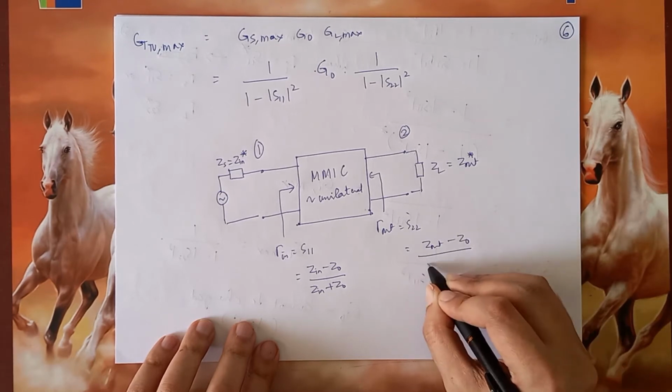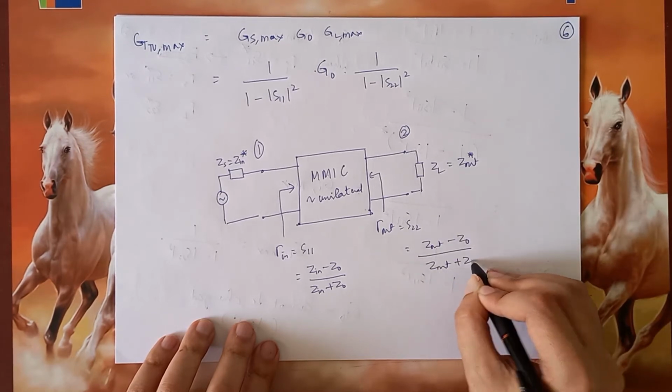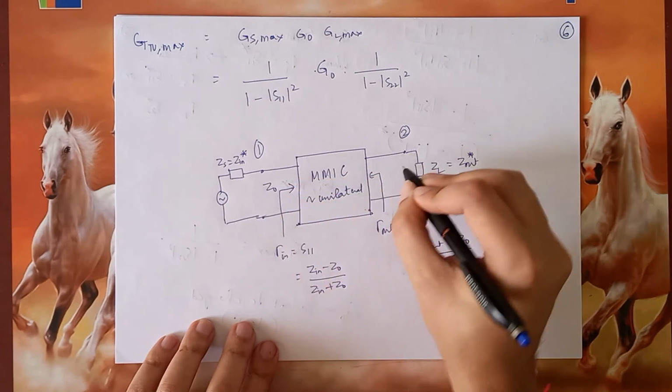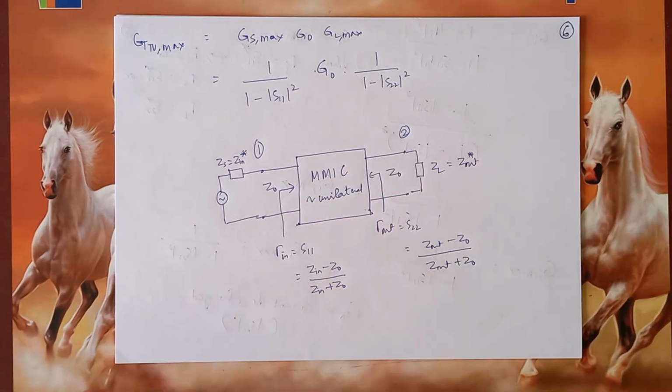This is Zout minus Z0 divided by Zout plus Z0, where Z0 is the characteristic impedance of the port feed lines. This is how we can get the maximum possible gain out of our required MMIC.